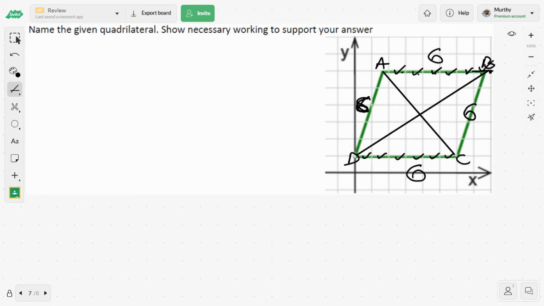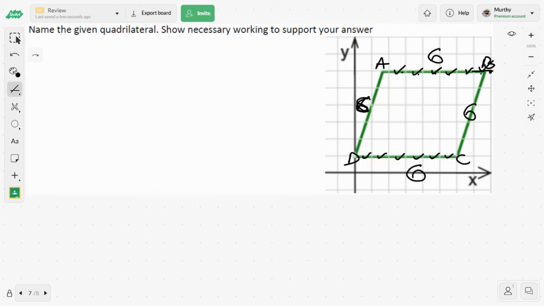If you are not given the diagram and just four points are given, then in such a case you have to find the length of the diagonals. In a square, the diagonals are equal. In a rhombus, the diagonals are unequal. Likewise, in a rectangle, the diagonals are equal, and in a parallelogram, the diagonals are unequal. Please refer to the previous sessions in case you have any questions.